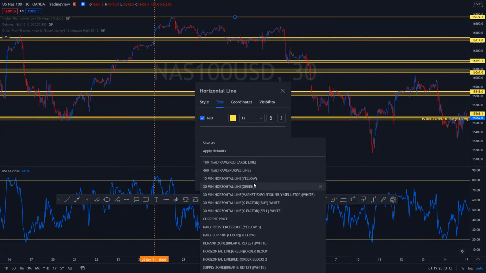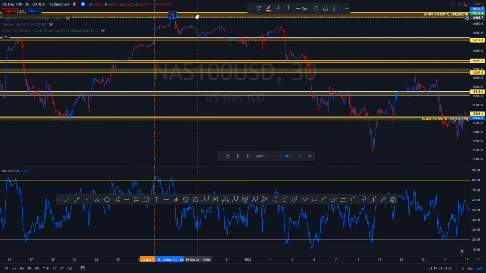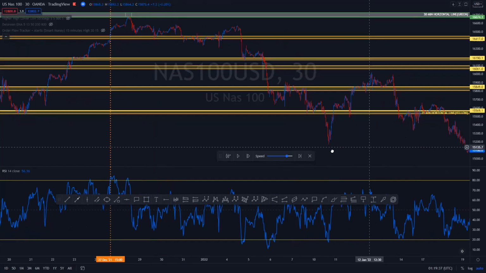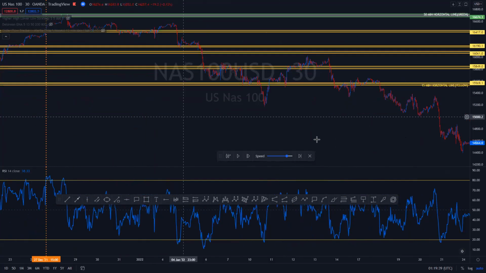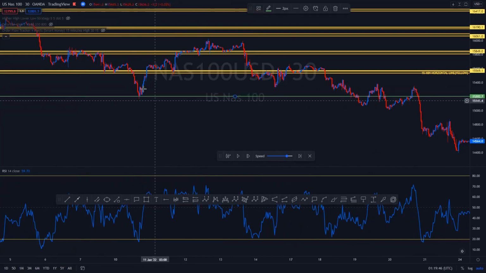It's going to be green. I'm going to make this green as well. And so now I'm going to do the same thing here. Price hit this support and it made a huge bullish run up here, but it caused a lot of inefficiency in price and imbalance in the market.